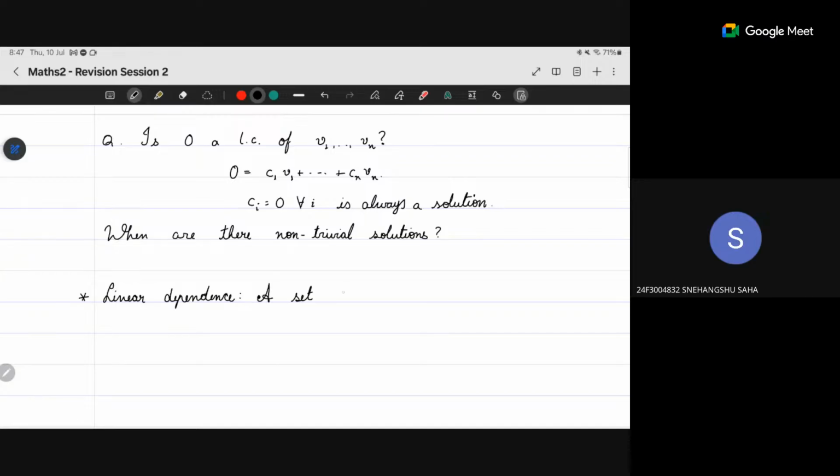A set v1 to vn, a finite set, is said to be linearly dependent if c1 v1 plus ... plus cn vn equals 0 has a non-trivial solution.